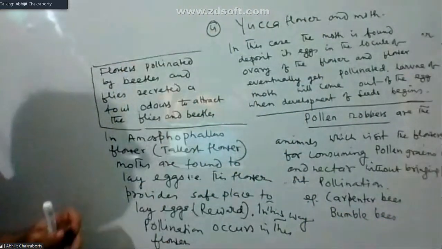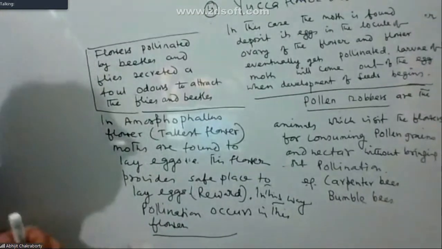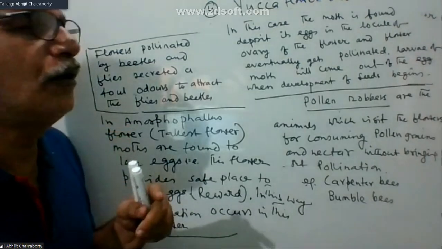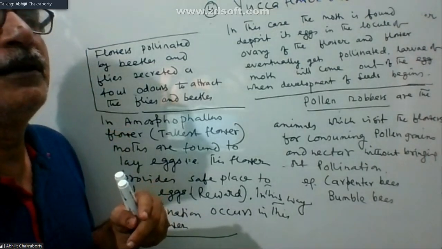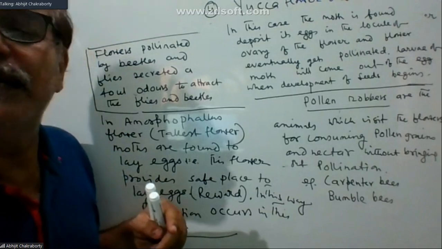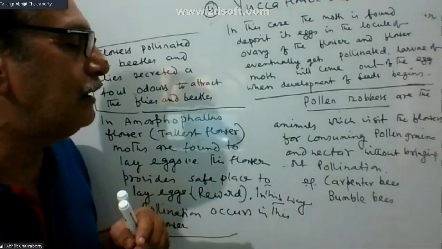Carpenter bees and bumblebees are the examples of pollen robbers. Clear up to this? Pollen robbers are actually consuming or stealing the pollens and nectar but without bringing about pollination. Examples: carpenter bees, bumblebees.